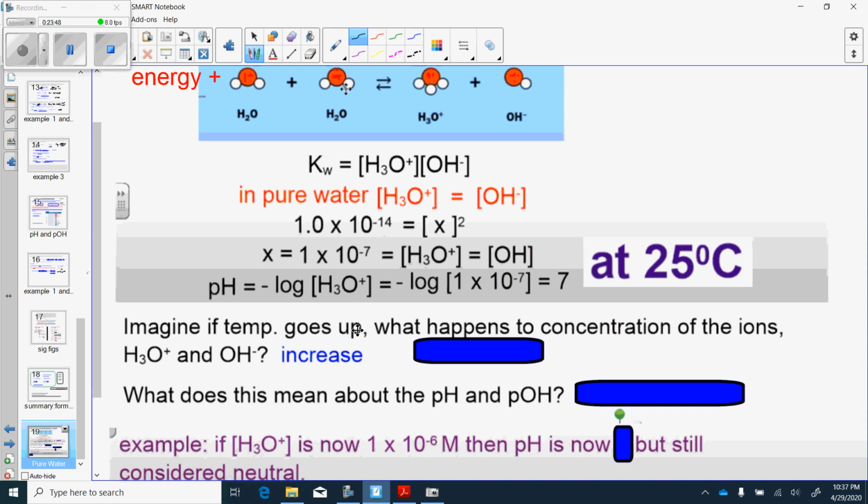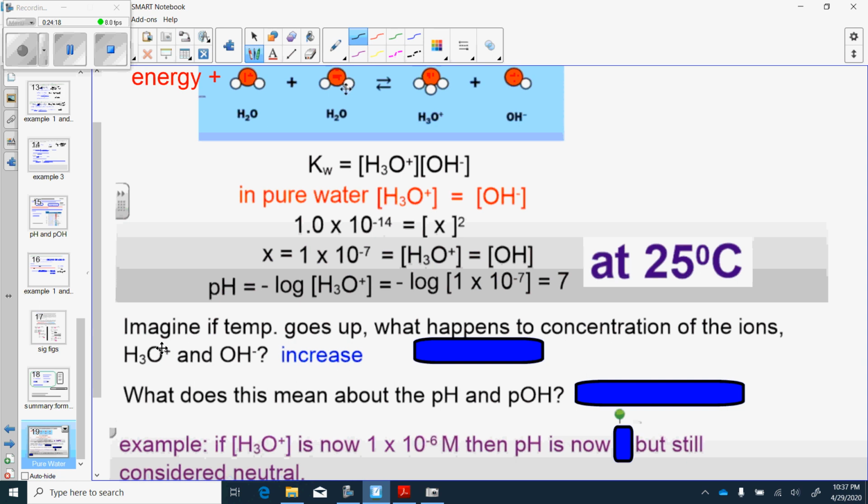So if the temp goes up, we have an increase in these guys. If the temp goes down, we'd have a decrease in those guys. So the temperature plays a really important role in the concentrations of your H3O+ and your OH negative. What does this mean for the pH and the pOH? Now be careful. If the exponents are going up, what's happening to the pH and the pOH?